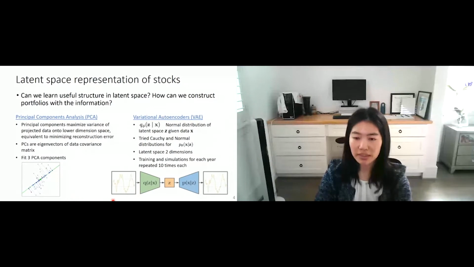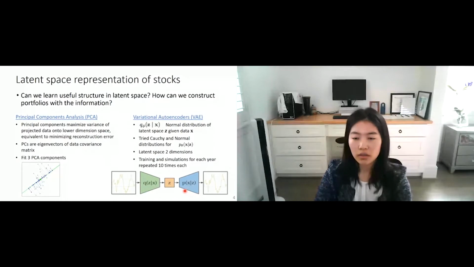And the second method we used was variational autoencoders, or VAE. And this is a probabilistic generative model. So there are 2 conditional probability distributions, Q and P. And Q gives the latent space Z given the data X. And we chose this to be a normal distribution.